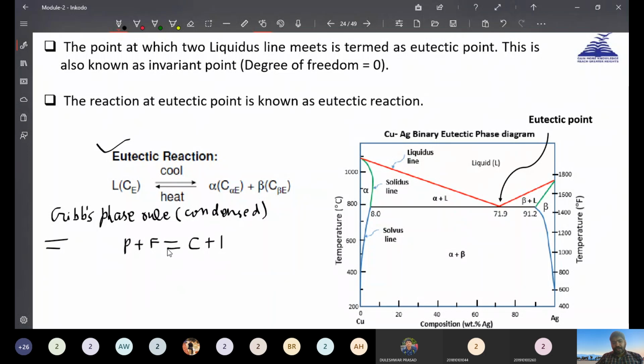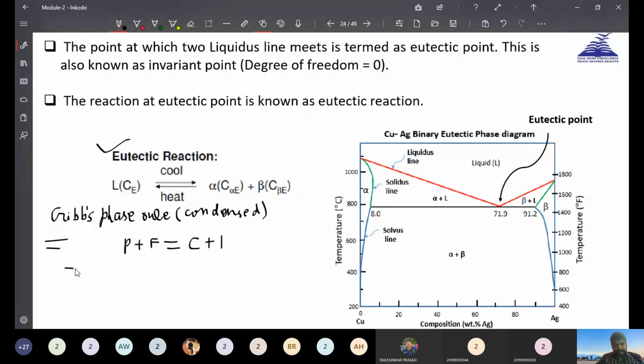So from here you can show that the degree of freedom at this particular point is 0. It means if any transformation is happening at this point, everything will be fixed. Neither can you vary temperature, nor composition, nor pressure. Pressure is already fixed, we have taken pressure as fixed.